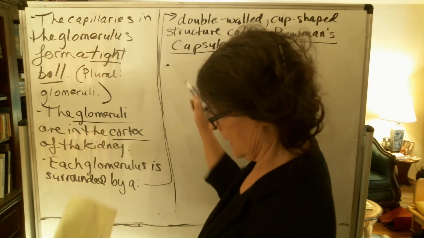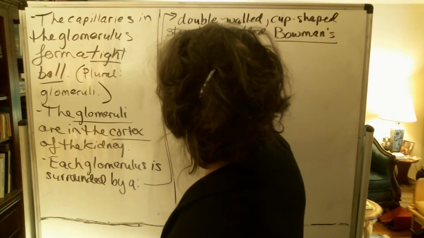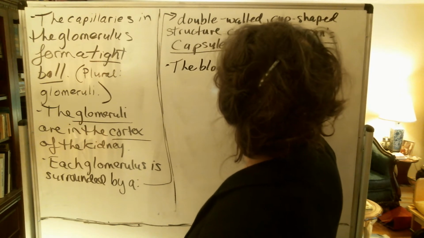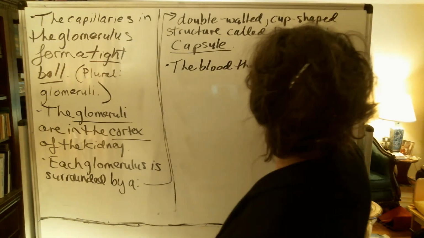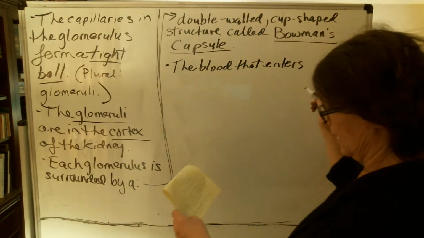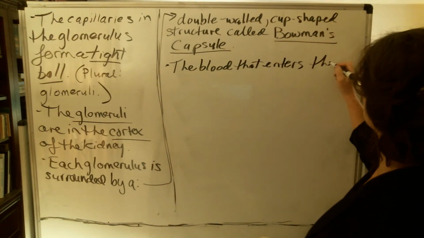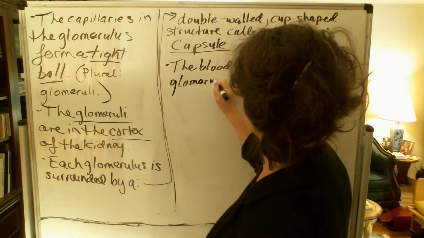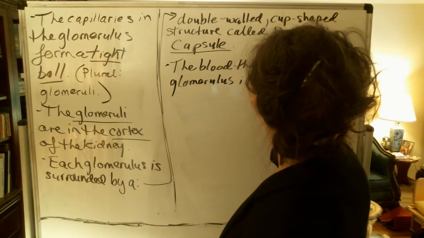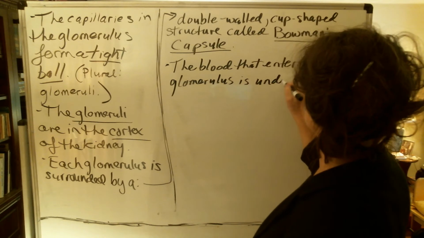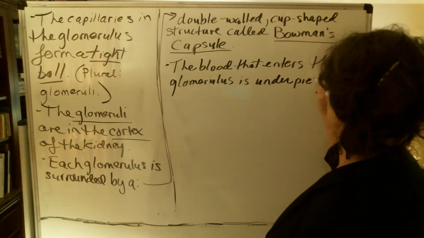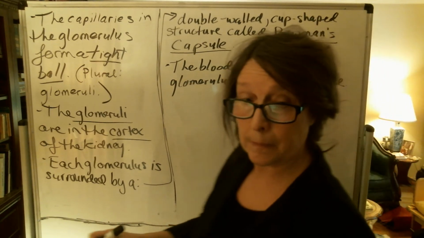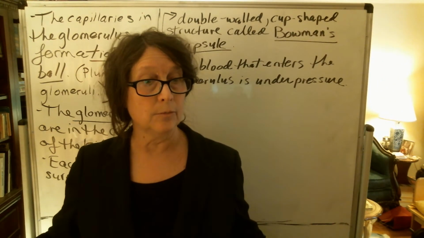All right. And now the blood that enters the glomerulus is under pressure. All your arterial blood is under pressure.